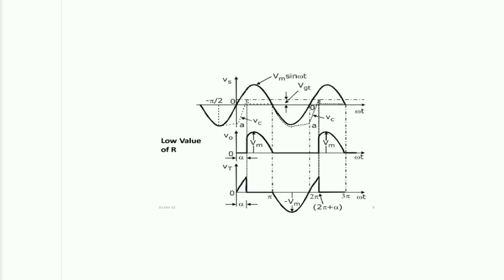When the R value is low, you are going to control the triggering angle. At that time the voltage across the SCR will be a minimum amount of voltage. This is the voltage across the thyristor; you will get it like this.